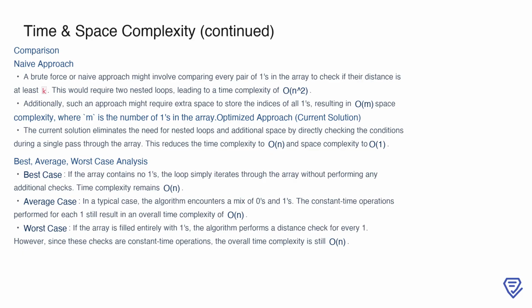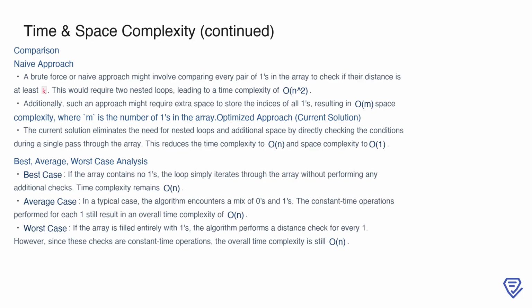In contrast, the current optimized solution eliminates the need for nested loops and extra space. By directly checking the conditions in a single pass, the time complexity is reduced to O(n), and the space complexity to O(1).